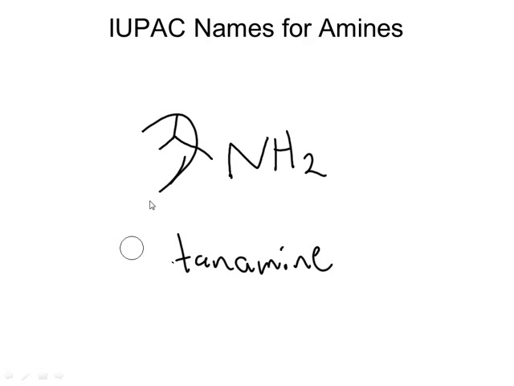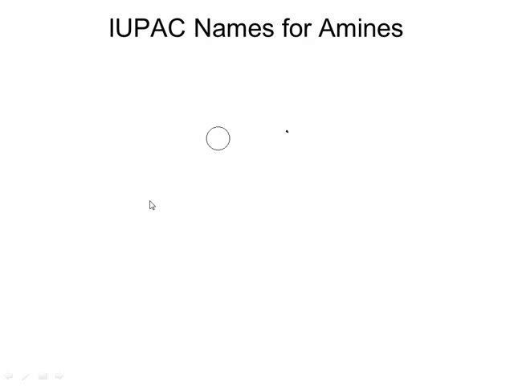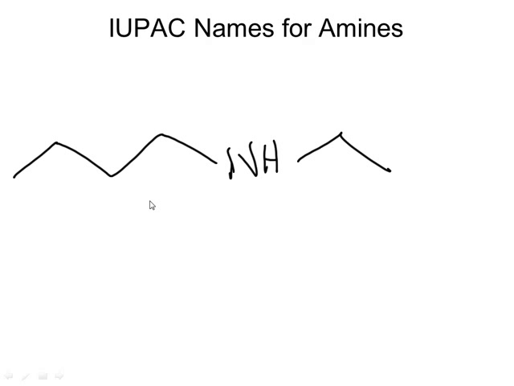If we have something, you may say, well then, great, but what if I have a nitrogen with something like that, and then another group attached? How do I handle that? Well, what we do is we follow the same procedure. We still find the longest carbon chain, which is this one.